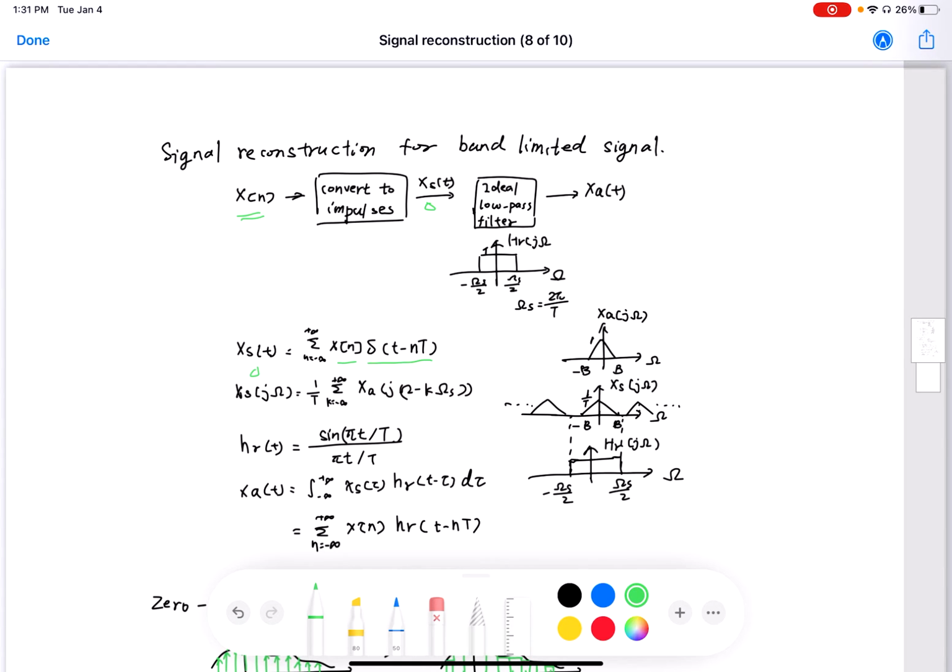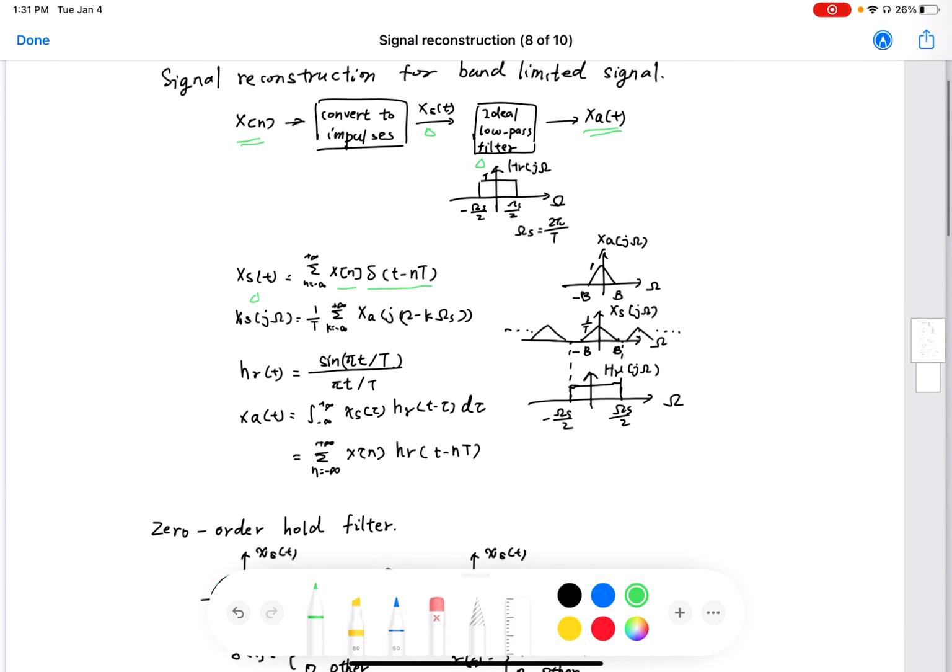The delta function is a continuous signal, so xs is a continuous signal, and then we pass the xs into a filter, and we get the continuous time xa. So what does this reconstruction filter look like?